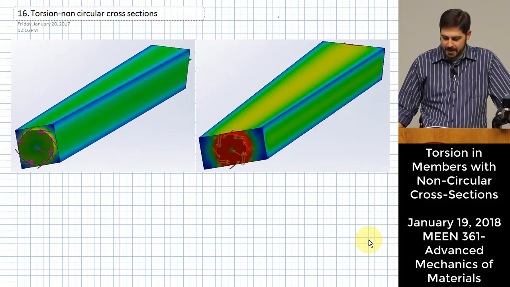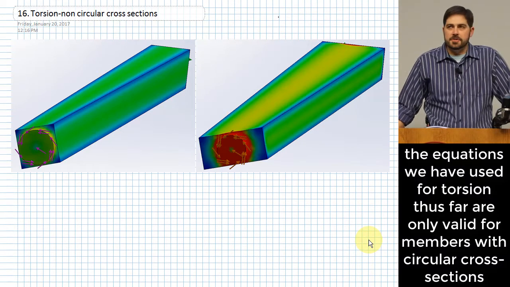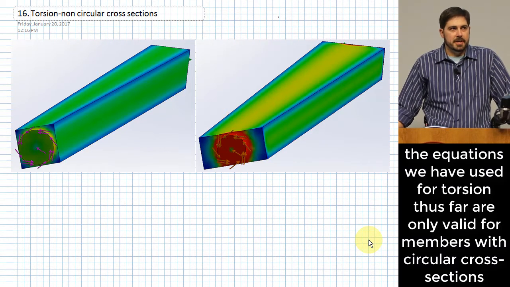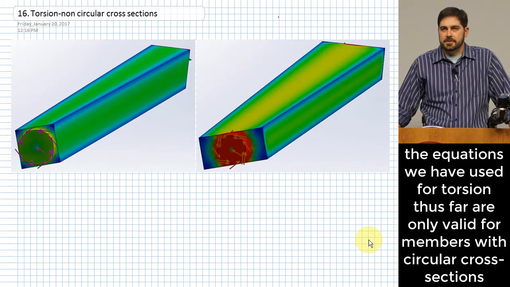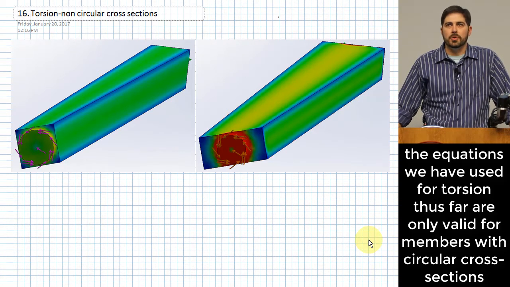All right, so we're looking today at torsion of non-circular cross sections. You may remember all the way back to Engineering 220, when we looked at the stresses induced in torsional members, and we said at that time that what we had just derived was only good for members that had a circular cross section.